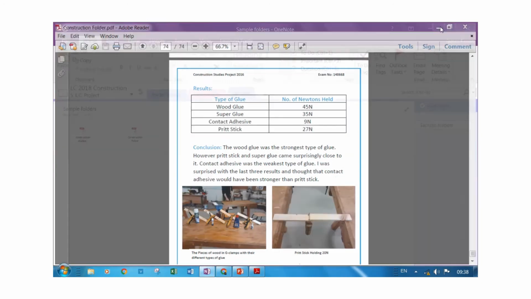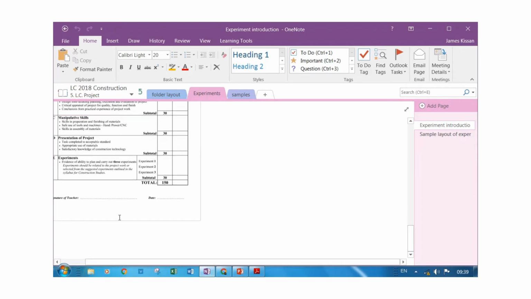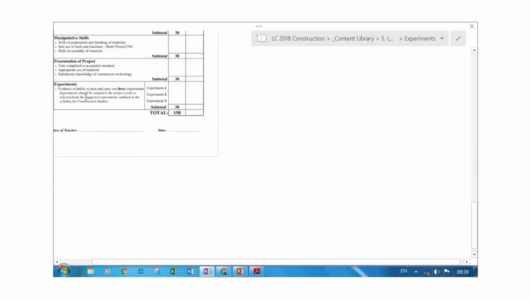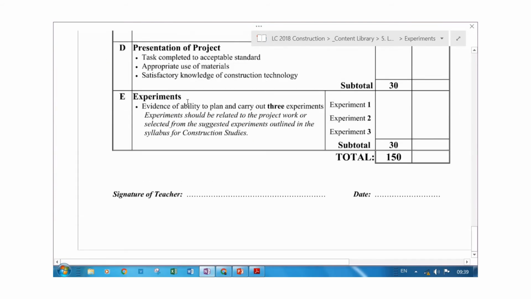Now what we'll look at is the experiments here. First of all, what we want to look at is experiments here. Evidence of ability to plan, carry out 3 experiments. Now, experiments should relate to your project work or be selected from suitable or suggested experiments outlined in the syllabus for construction studies.